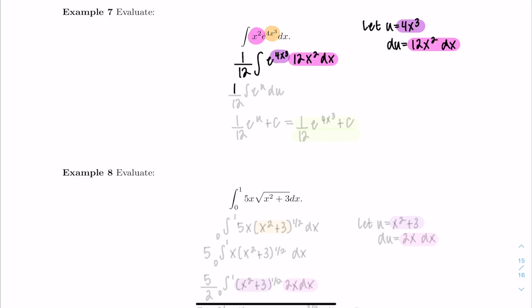So this gives me 1 over 12 e to the u du. Well, this gives me 1 over 12 e to the u plus c. And replacing the u, we get 1 over 12 e to the 4x cubed plus c.